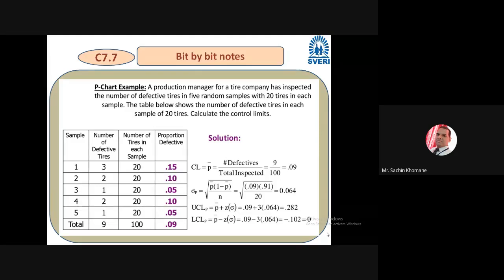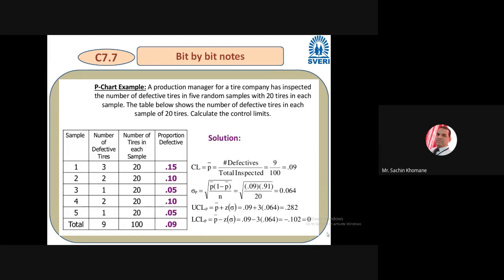Then in the second, proportion defective, 2 divided by 20, 0.10. You can just say it is a ratio, the fraction of defects. Like that, 0.15, 0.10, 0.05, 0.10, 0.05. Total 0.09 defectives are there. So now how to calculate the control limit?